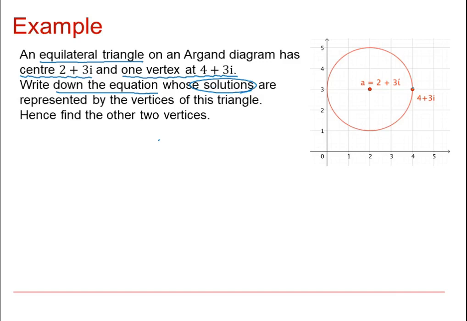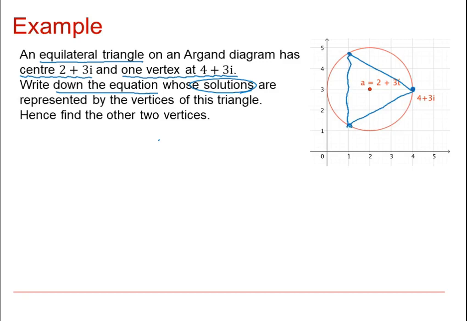So for example, 4 plus 3i is one of the solutions, and we're trying to draw a diagram that would represent all three solutions. Well, if we are looking at an equation with three solutions, then that suggests we're going to be looking at cube roots of a complex number, and those cube roots we would expect to form the vertices of an equilateral triangle.